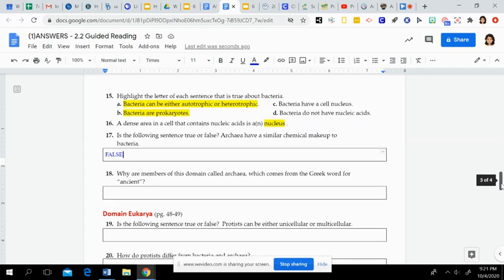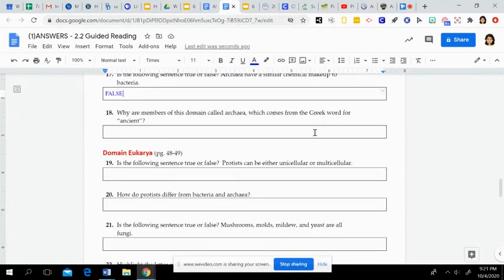Question 18, you needed to give an explanation. Why are members of this domain called archaea, which comes from the Greek word for ancient? If you read our textbook section, this just explains that scientists believe that archaea came from harsh conditions, and so those harsh conditions were similar to those of ancient Earth.